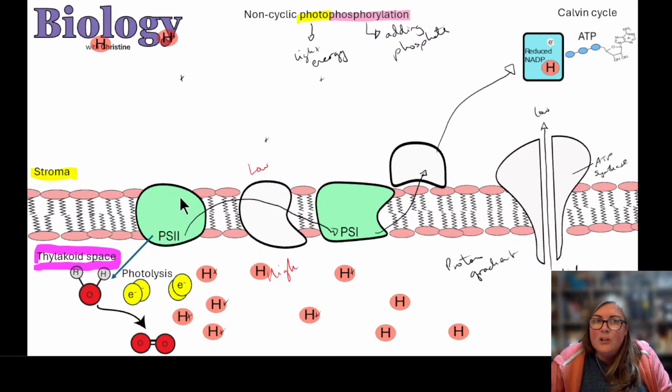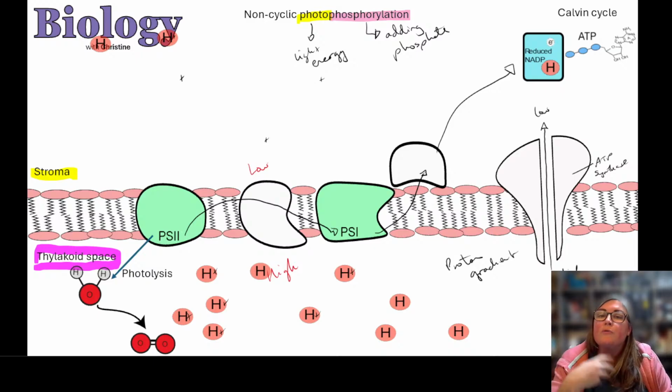Because of the light energy that was absorbed by photosystem 2, those electrons that were donated need to be replaced. So if we take water and split it up into electrons, hydrogen ions and oxygen, those electrons can be accepted into photosystem 2 to replace the electrons that were lost.